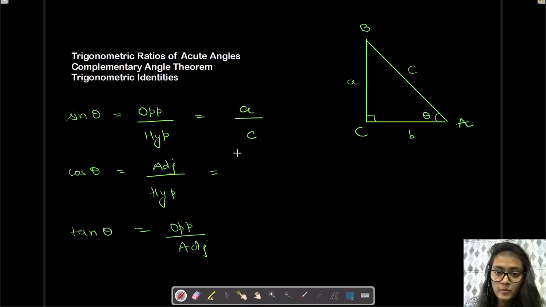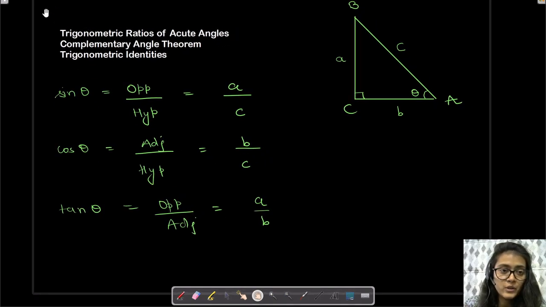Cosine of angle theta is going to be adjacent. Adjacent is B, hypotenuse is C. And tangent is the ratio of opposite and adjacent, so that is A over B. And if you notice one thing from these three equations, tangent is actually nothing but the ratio of A over C and B over C, or it's the ratio of sine theta and cosine theta.